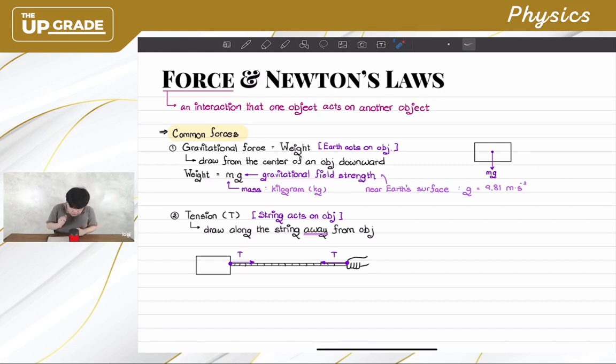Secondly, the magnitudes of these two forces will be equal as well. Okay, very important here. Tensions at any two points along the same string are equal in magnitude.